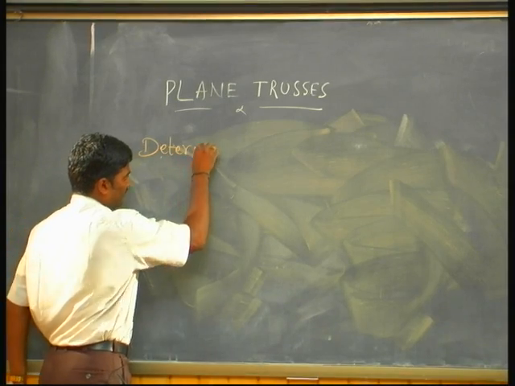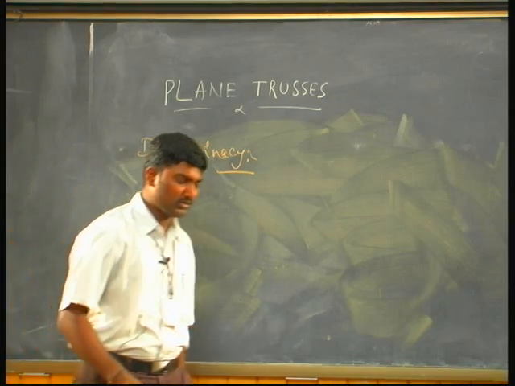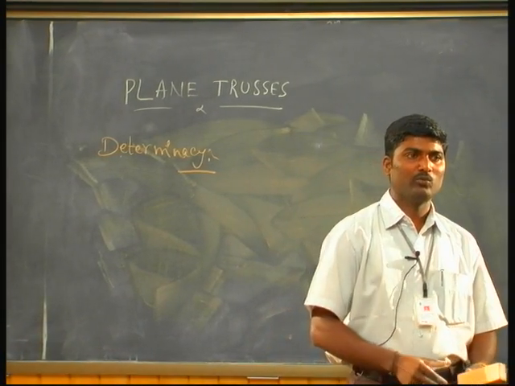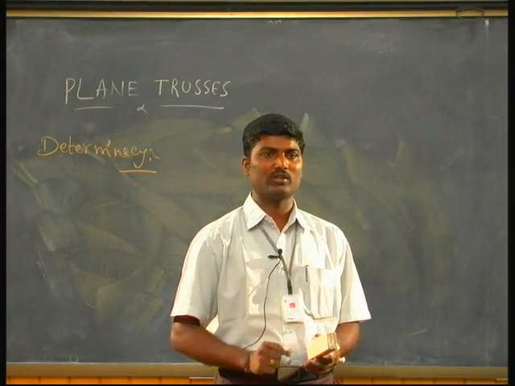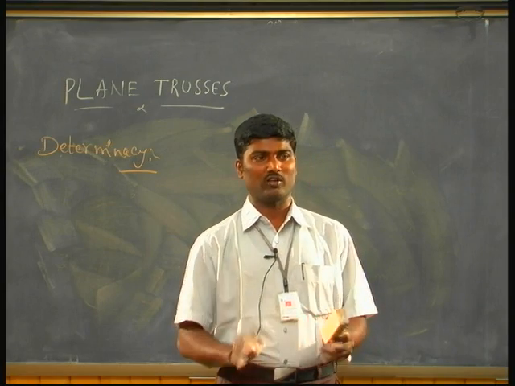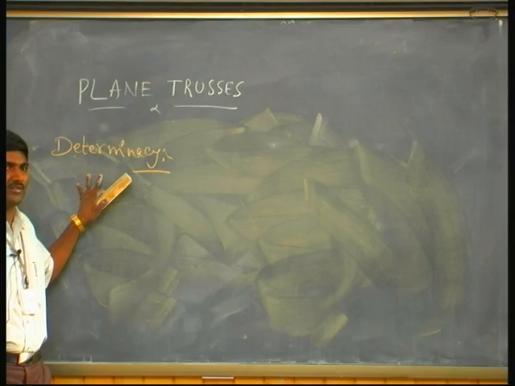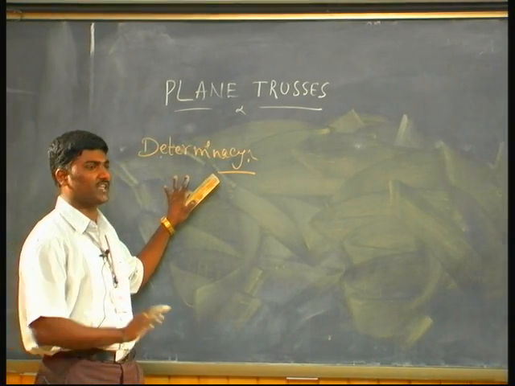Determinacy. Why? Because if you want to start analysis of the truss, you have to know prior to analysis whether you can start the analysis or not. There is a condition called determinacy. Can you determine or not? That you have to decide first.